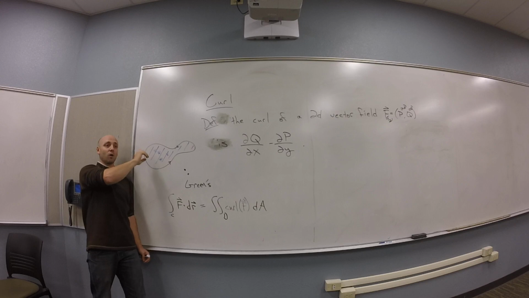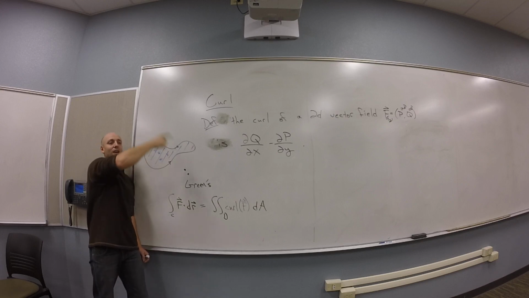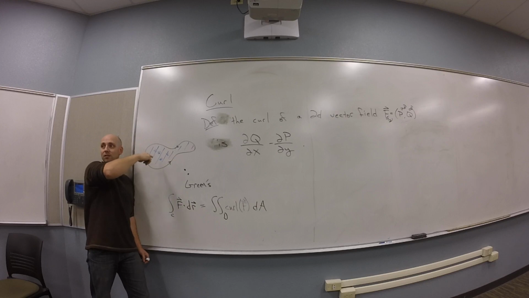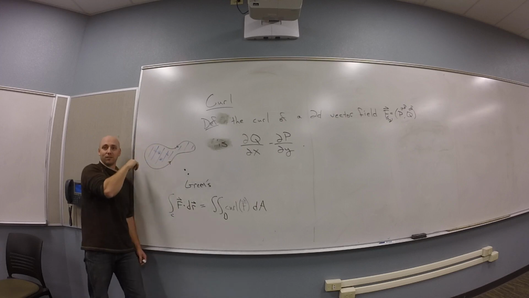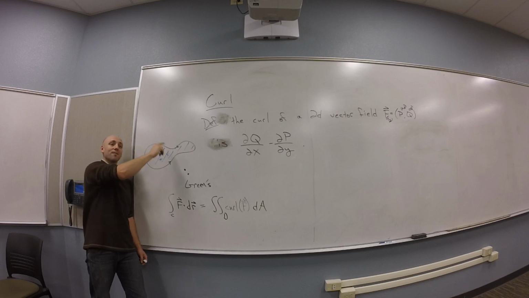Some of them turn clockwise, that's this way. Some of them turn counterclockwise. If I add those up, that's going to tend to give me the counterclockwise turning of this whole region. And that's going to give me the amount that I get helped along this curve.